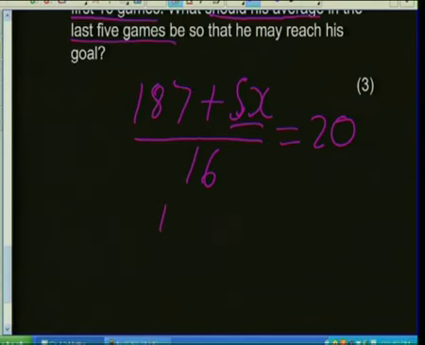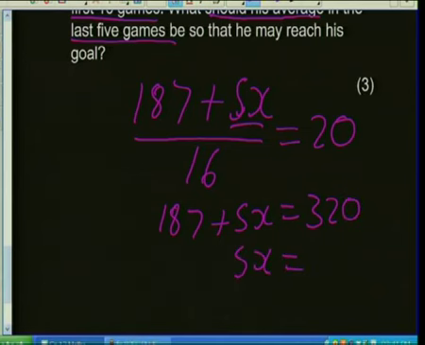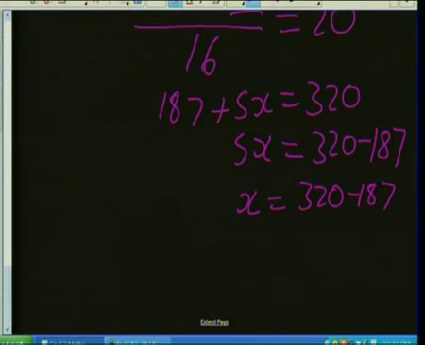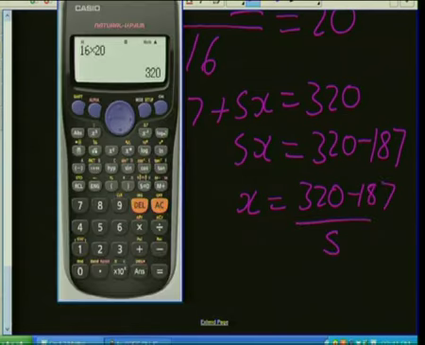So I have 187 plus 5x equals 320, then 5x is 320 minus 187. X is 320 minus 187 over 5. Put this in a calculator and let's see what we get.